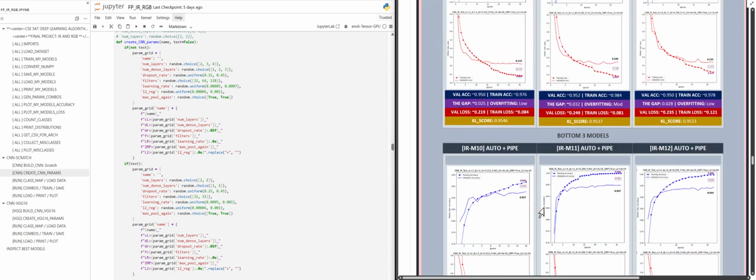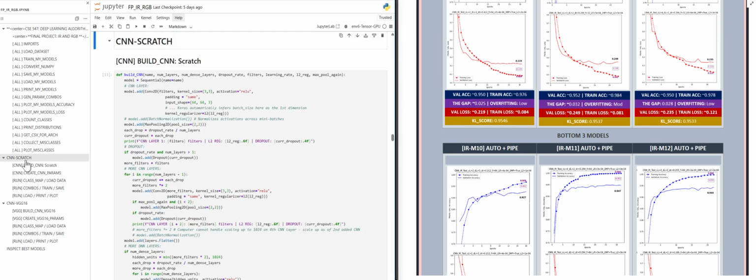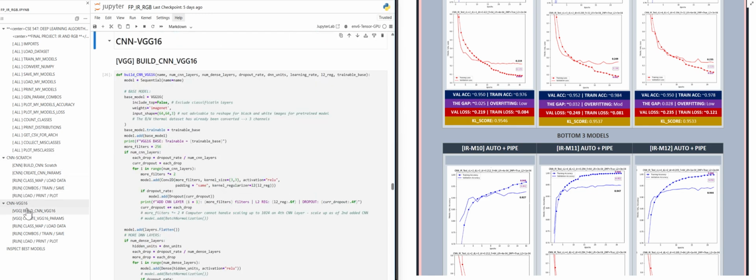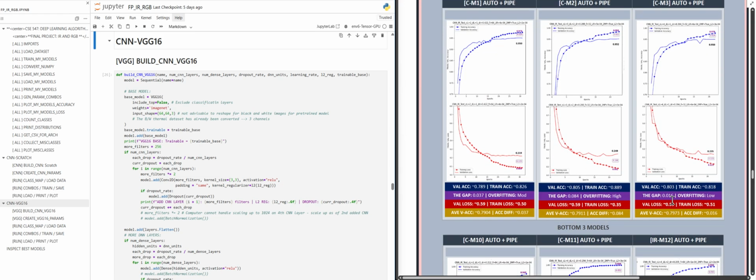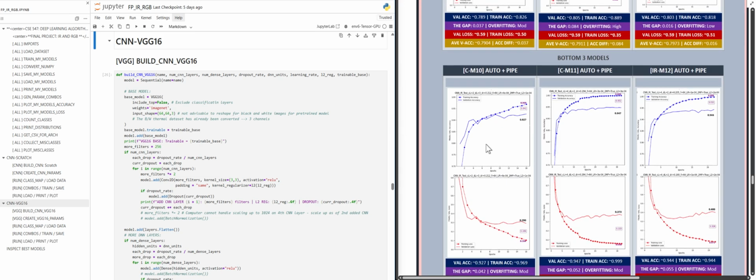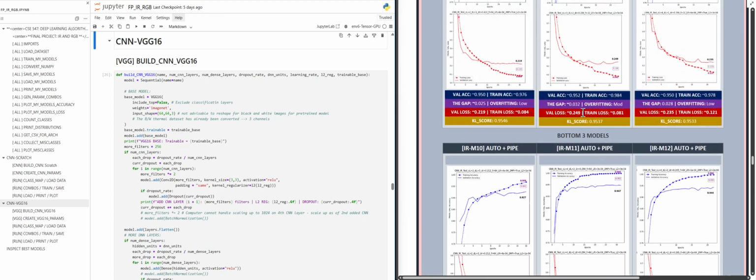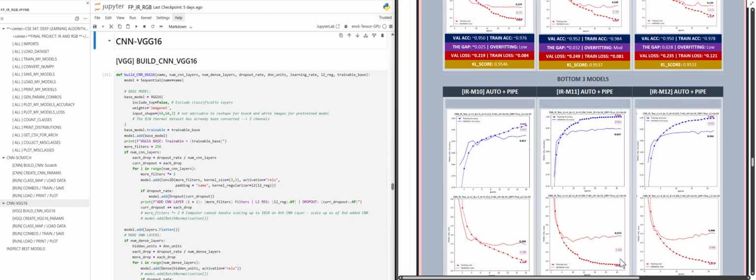And then for experiment 2, I've done the CNN Scratch and I've done the CNN VGG16, but I have not done yet the autoencoder plus network pipeline. So these are just placeholders. This is not the data that goes in here, but the data in the previous 2 is correct and accurate data. This one is not complete yet. These are just dummy placeholders.